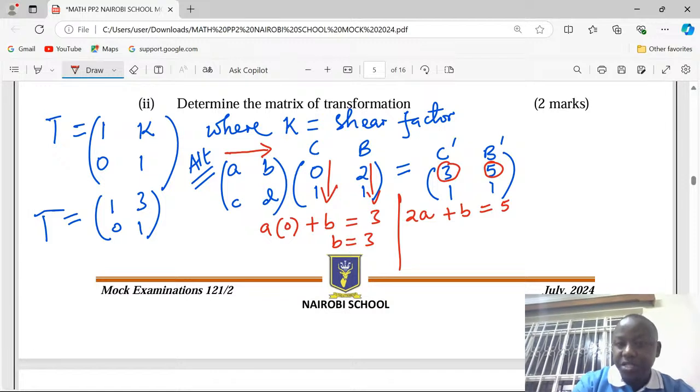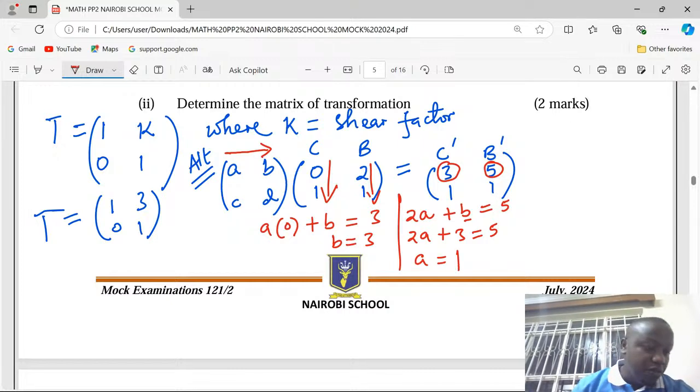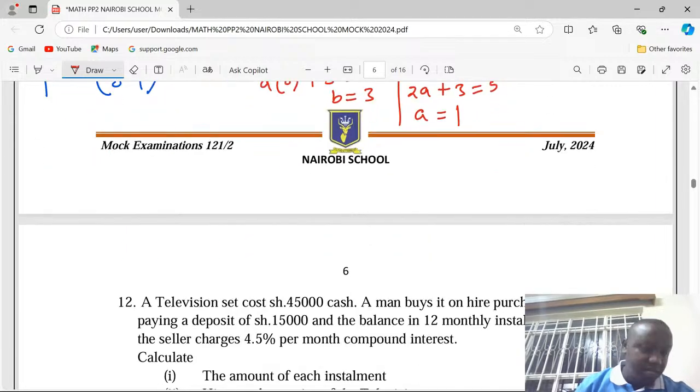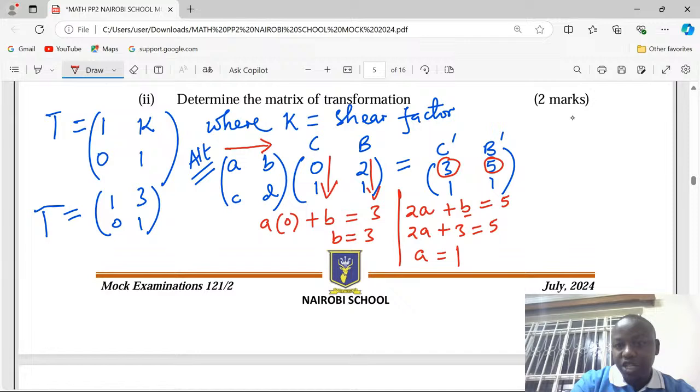Remember, the value of B is known to be 3. So we substitute 3 here, and when we take it to the other side, you discover that 2A equals 2. The value of A shall be 1. So the value of A has been obtained, and it can be obtained that quickly.